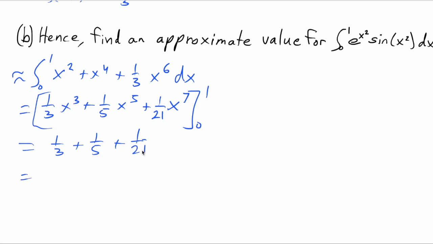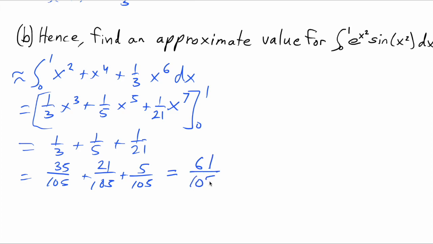Common denominator is going to be 5 times 21, 105. So this is 5 over 105. This is 21 over 105. And this is 35. So your answer is 61 over 105.